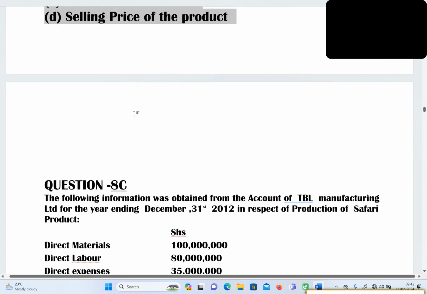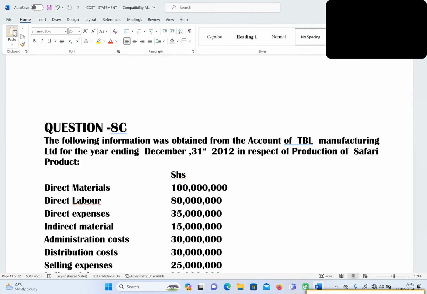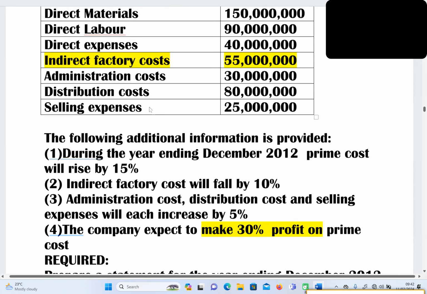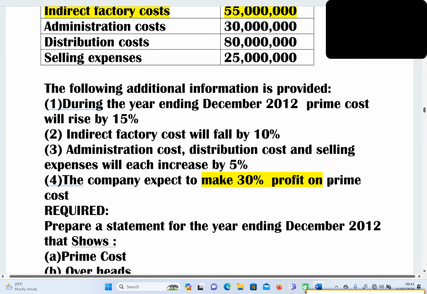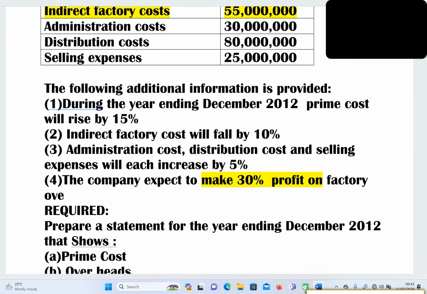nikasema profit is 30% on factory overhead. Kumbuka there are 2 overhead. Kuna factory overheads, non-factory overheads.